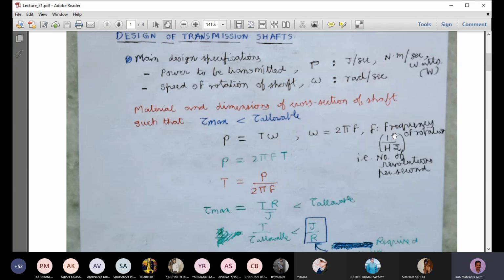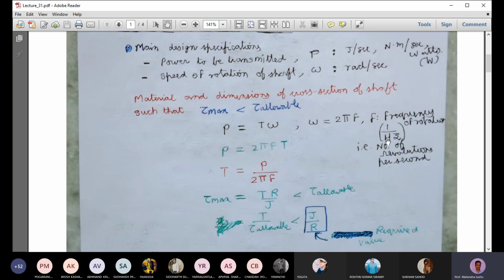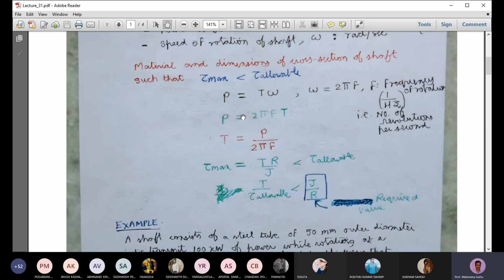F denotes the frequency of rotation, the number of revolutions per second of the shaft. So omega is equal to 2 pi F, and the power will be P is equal to 2 pi F times T. T is the torque, it's not the time period. It is the torque applied on the bar. From this we can get the torque as P by 2 pi F.